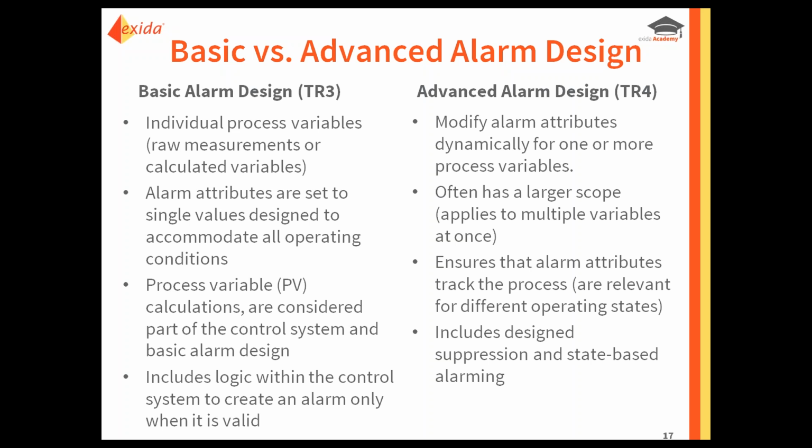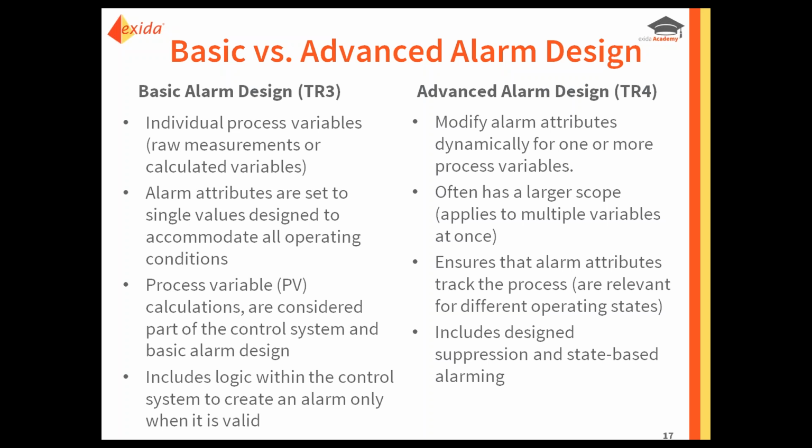Advanced alarm design, differently, relates to when you have multiple alarms that you're dealing with. So the scope is typically different, applies to multiple alarms at the same time, and it entails modifying the behavior of the alarm attributes dynamically, for one or more process variables.